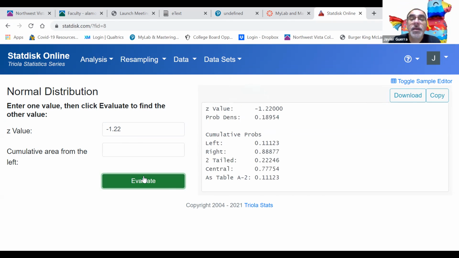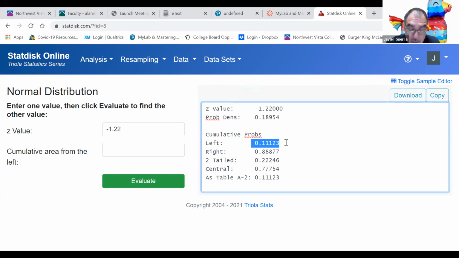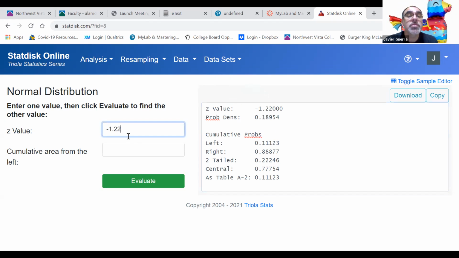Okay, I think it's ready. All right, I need the left. 0.1112, I believe. Yeah, 0.1112. Okay, so that's for the negative 1.22. And then I got to put the negative 2.24.